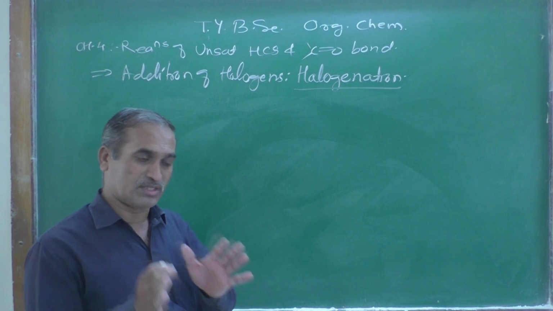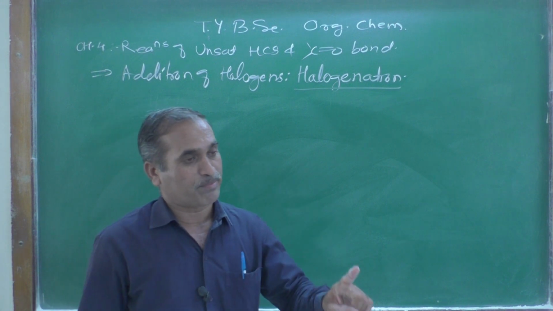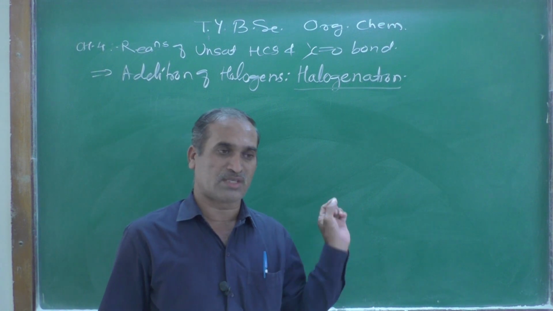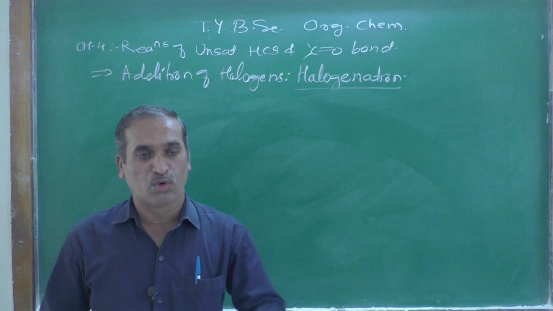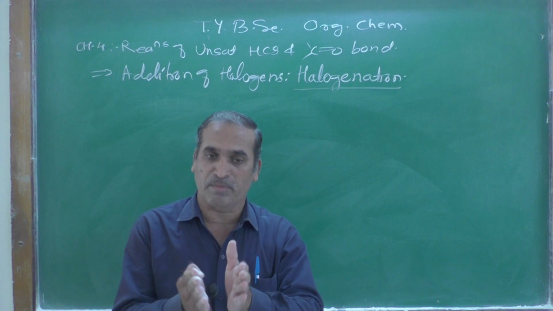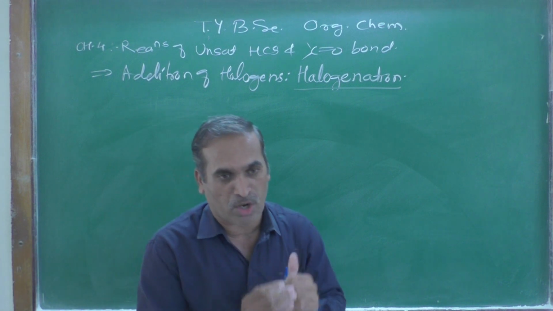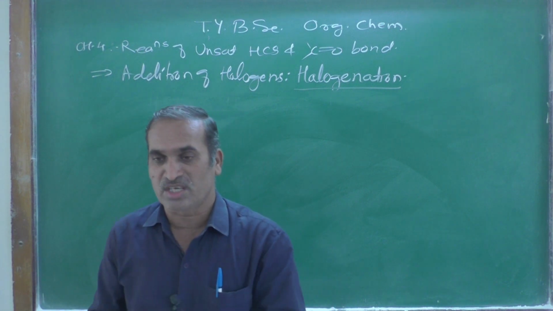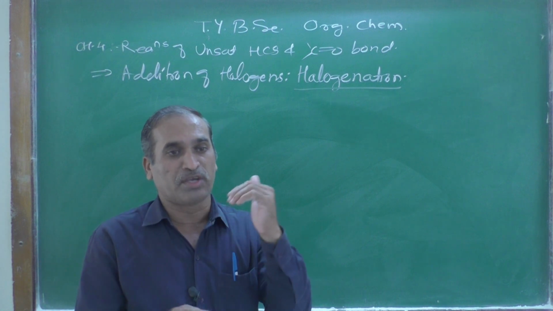So remember, here we are studying the theory. Practically the chemical test is very easy, but now you have to know the theoretical explanation: how the reaction takes place, what type of product forms, whether it is cis or trans, and what type of intermediate.